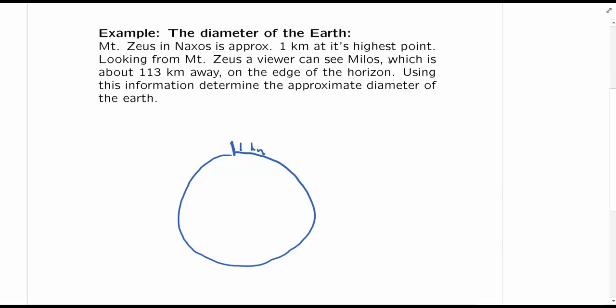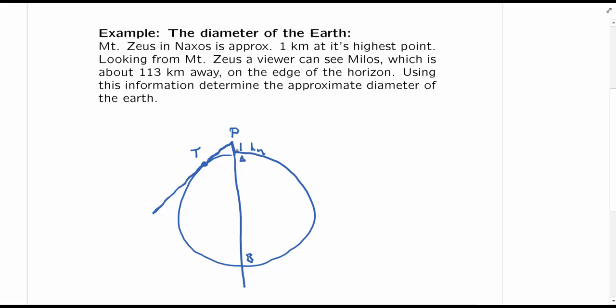Now, a view on the horizon, when we look out to the horizon from a tall structure, means our eyes are making a tangent line to the Earth. So I draw my tangent line like this, and so this is going to be my T point, and this is going to be my P point. So I need to extend this down, and so I would call this thing here A, and this thing here B. Sorry, that doesn't look like a P.